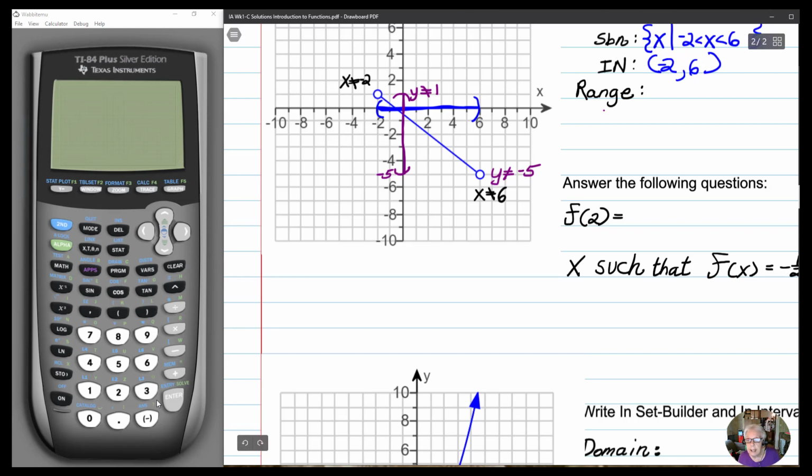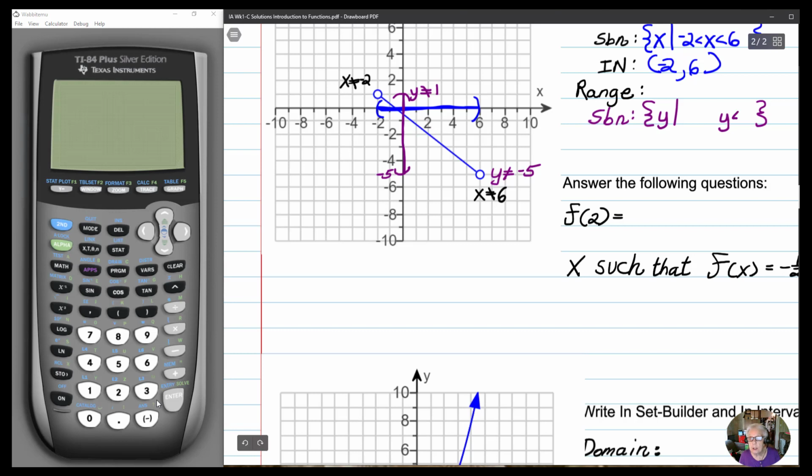All right, now the set builder notation is going to be all the real numbers y on the y-axis, such that y obeys this rule.